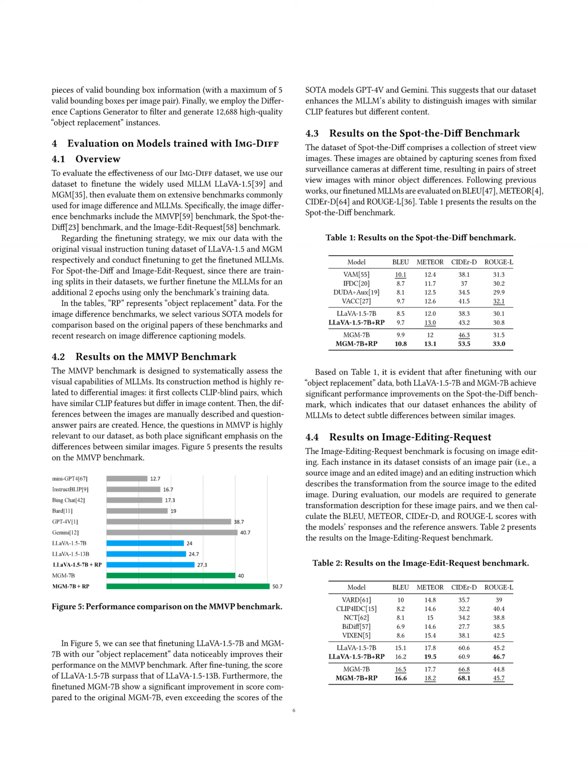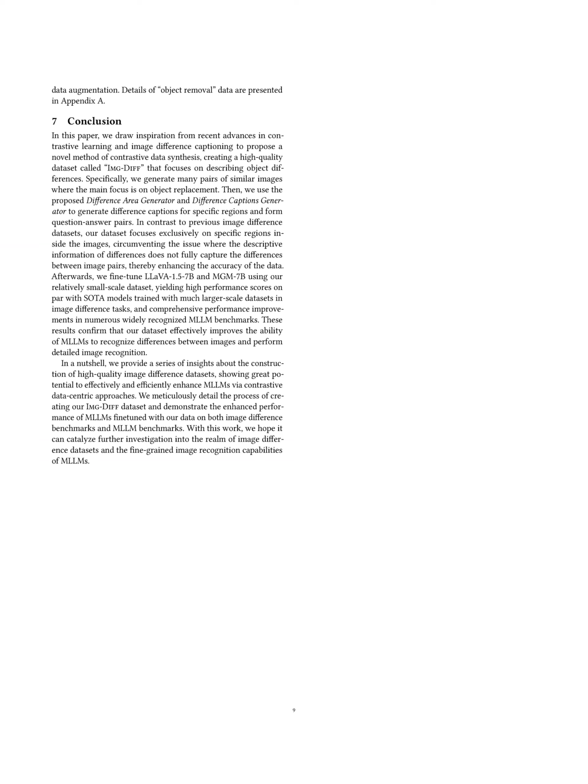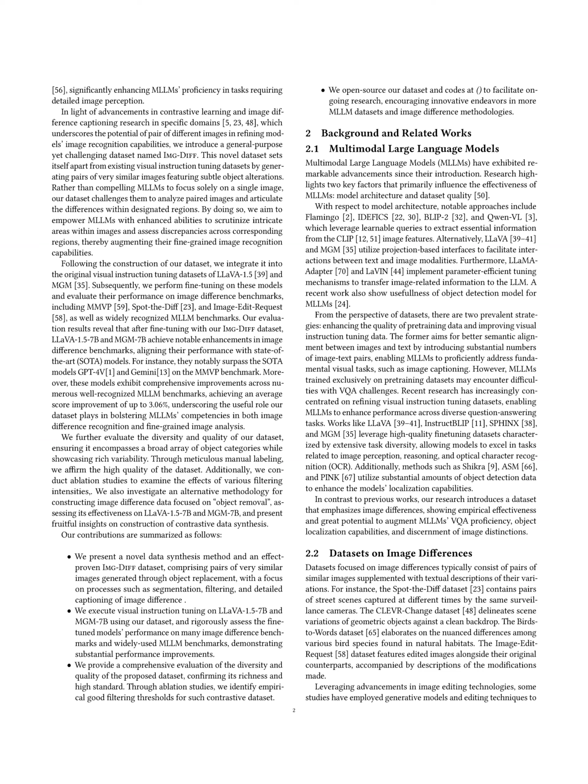Overall, the fine-tuning with Img-Diff resulted in an average score improvement of 3.06% for LLaVA 1.5-7b and 1.28% for MGM-7b across multiple MLLM benchmarks, showcasing the dataset's effectiveness in bolstering MLLMs' visual question answering and image analysis skills. These results underscore the dataset's role in elevating the performance of MLLMs to align with or surpass existing state-of-the-art models.